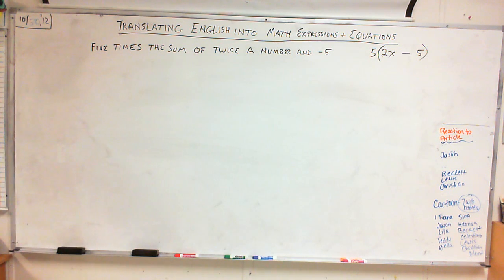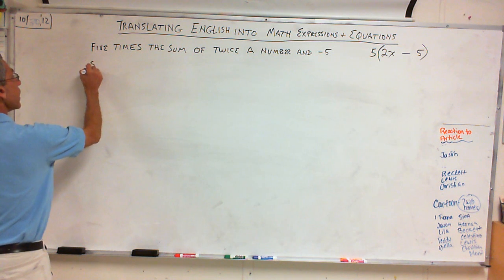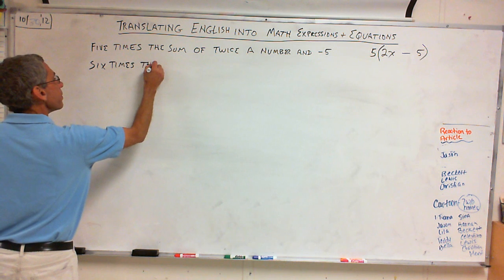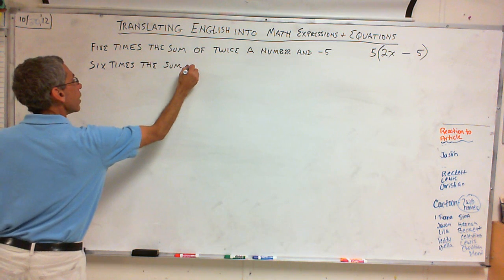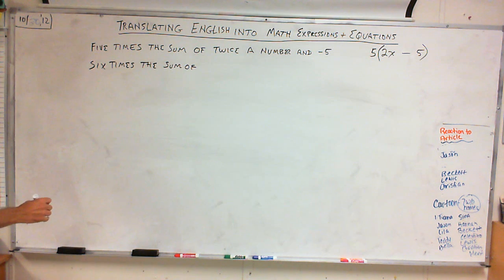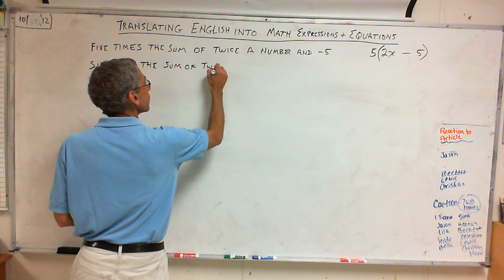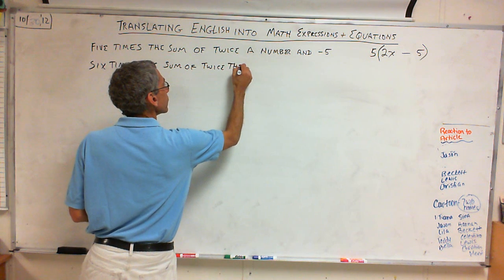I'm just going to do 2 more of these and then we'll be done. 6 times the sum of twice the opposite of a number and negative 8.